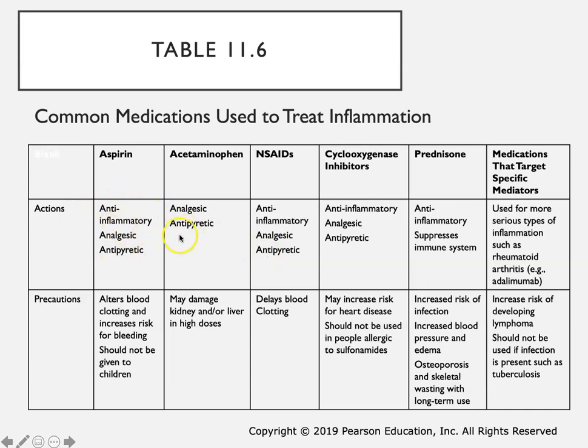But again, there's going to be some overlap here. For prednisone, okay, this is particularly anti-inflammatory, and it's a steroid, so it's going to directly suppress immune activity in general, okay? So this is really only given in certain specific and really serious types of inflammation, okay?